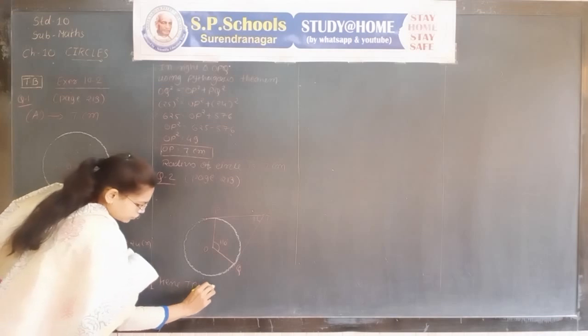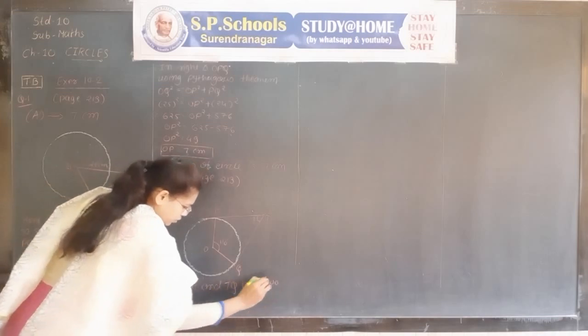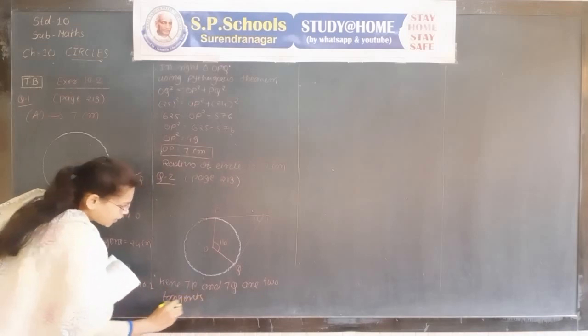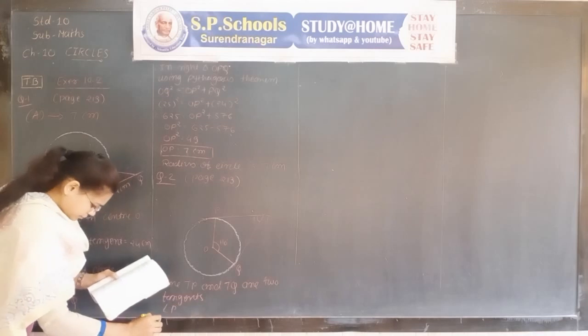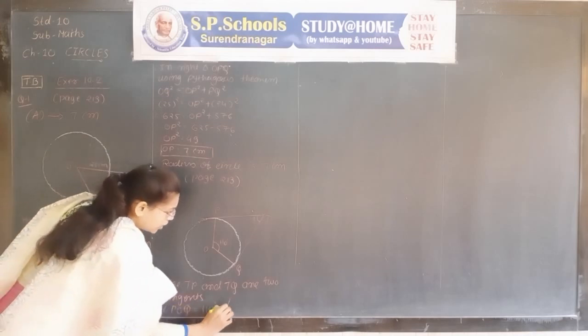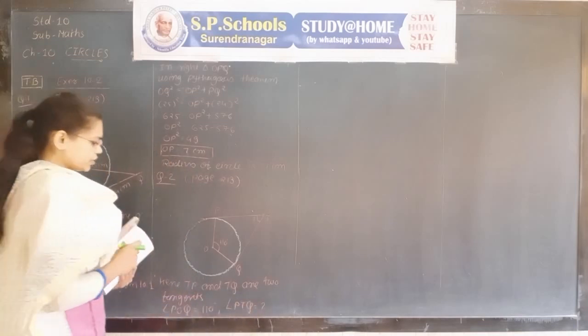Here TP and TQ are two tangents. Angle POQ is equal to 110 and angle PTQ is equal to question mark.